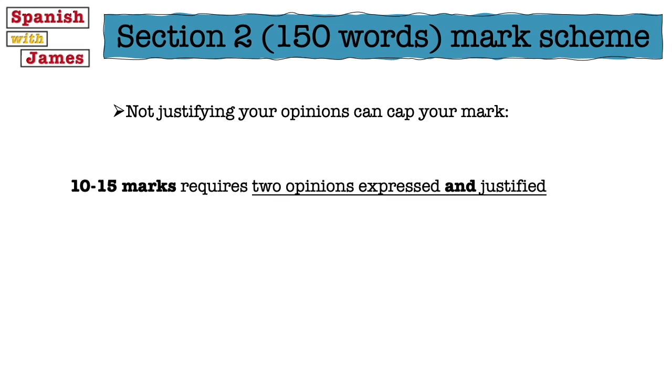So for this one, if you want to get between 10 and 15 marks out of 15 for content, you need 2 opinions, not just expressed, but also justified. So this is where it's crucial to make sure you're getting into the habit of giving an opinion, giving a reason. Pienso que, blah, blah, blah, porque, blah, blah, blah. Getting into that habit is crucial to doing well in this particular question.